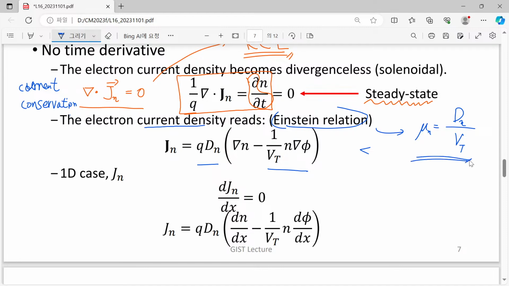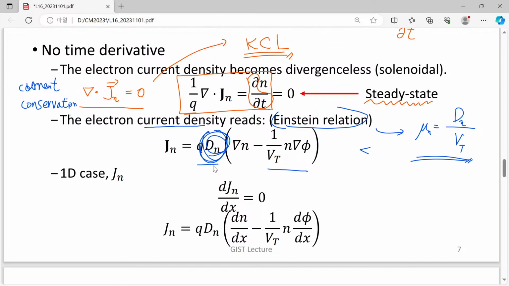This is a simple relation. So now we can eliminate the mobility and also introduce only this diffusion constant. We did it already in the case of diffusion simulation, process simulation.